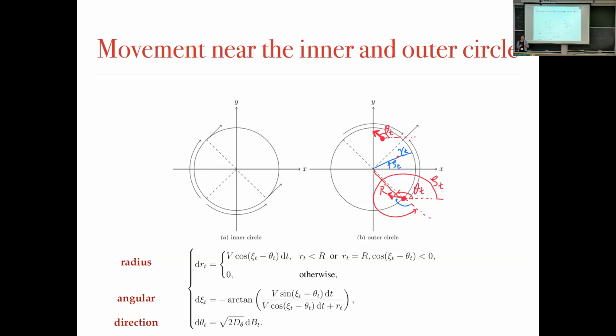I am trying to tell you the variables we need to use to model this. When we describe the position of the cell, we need to use R and the angular variable. Basically, R is the radial position, while the angular variable is where it stays.